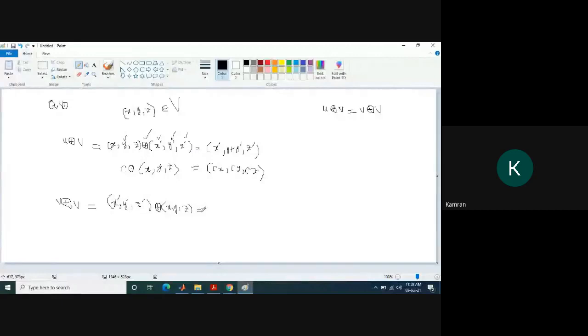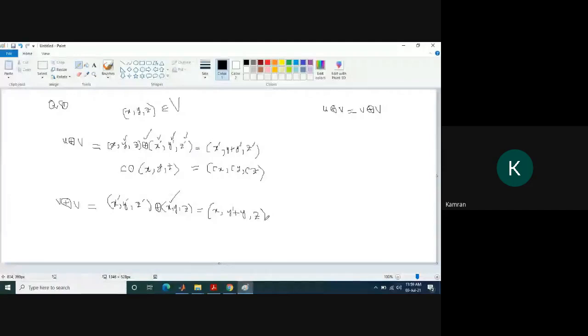देखिए यहाँ पर ऑपरेशन किस तरह डिफाइंड हुआ है कि there will be the first component of the second member, then the sum of the second component of both members, and then the third component of the second member. So here the second member is this one, so we will get the first component of the second member, then the sum of the second components of both the members, so y prime plus y, and the third component of the second member is z.